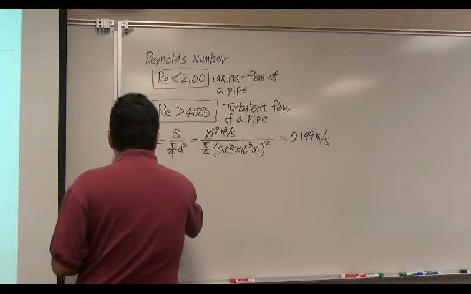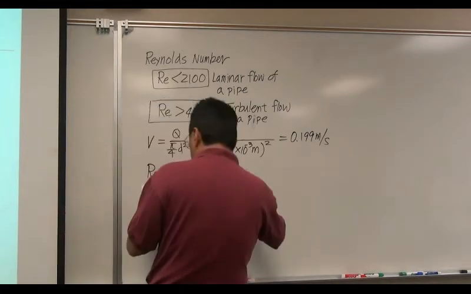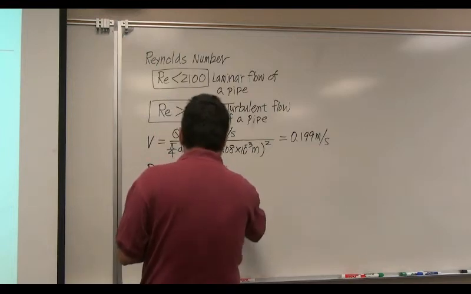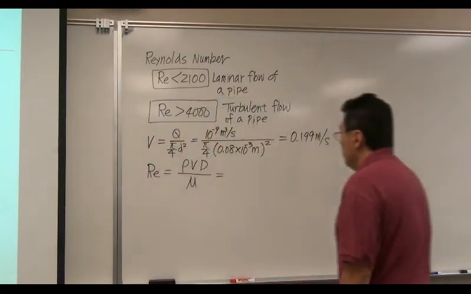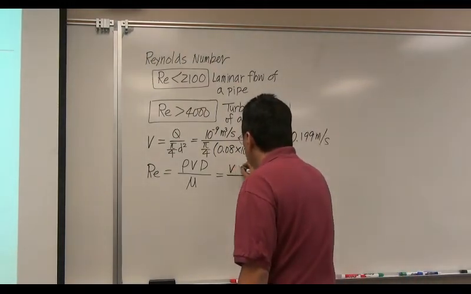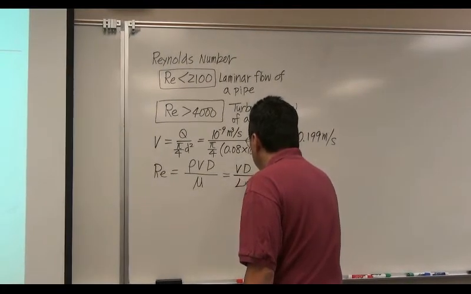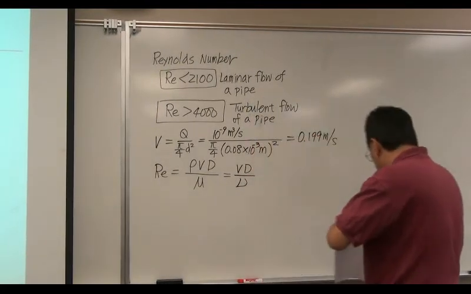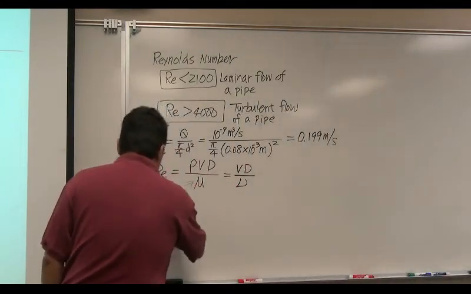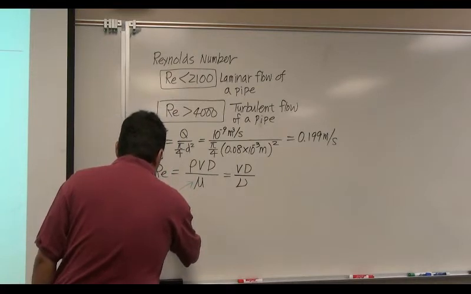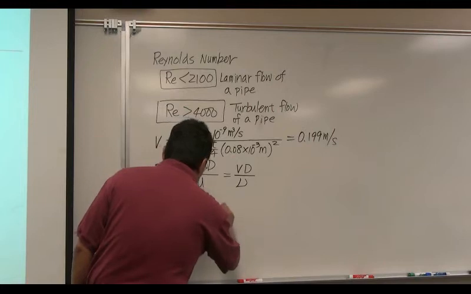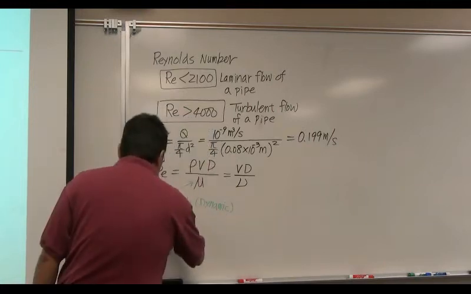Let's use this velocity to find out Reynolds number. Reynolds number is rho V D over mu. Keep that in mind. You can alternatively determine Reynolds number by using velocity times diameter divided by nu. Remember, mu is called absolute or dynamic viscosity.